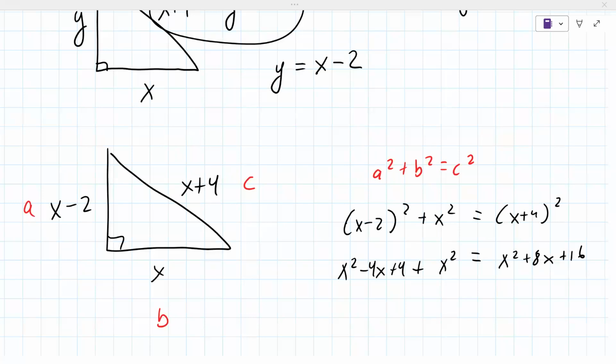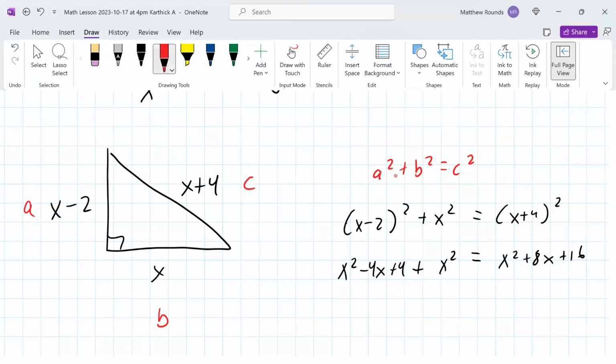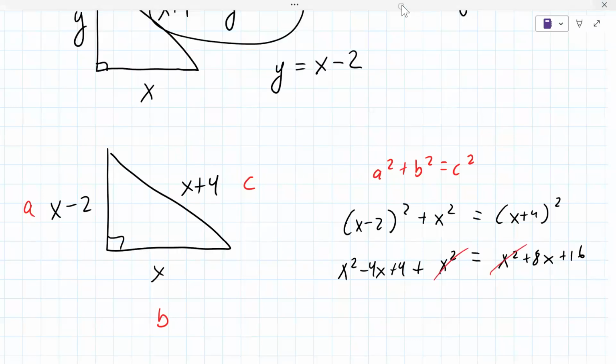You do end up using, looks like, the quadratic formula or completing the square to finish this one off. I started doing it, but I realized I had made a mistake, so I'm going back and fixing it. I'm looking at it, it's an x squared minus 12x, I combined the two x squareds. Yeah, and you'll cancel one out from over here when you move everything over. Got it.